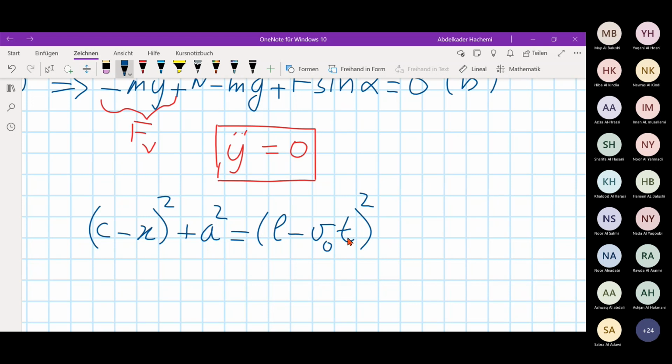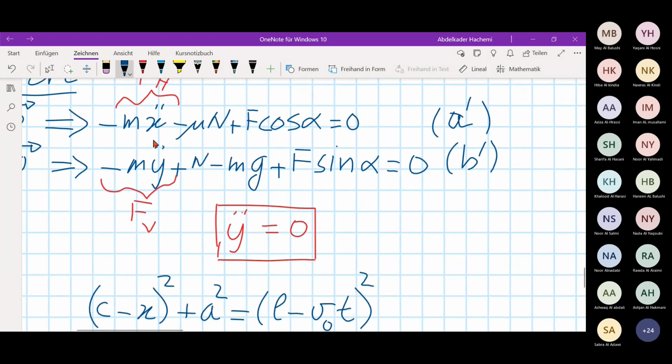When you make the time derivative, you have to take into consideration the time here. When you derive with respect to time, L is constant, A is constant, and C is constant. Then from this equation we make the first time derivation, x dot, and after this the second one, to get the acceleration, as explained here.